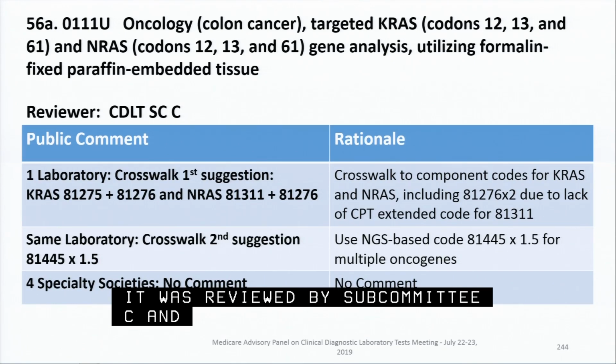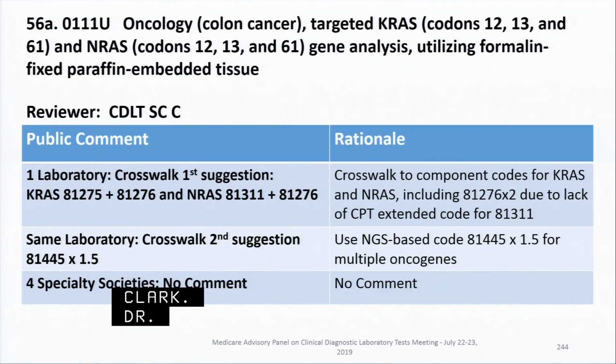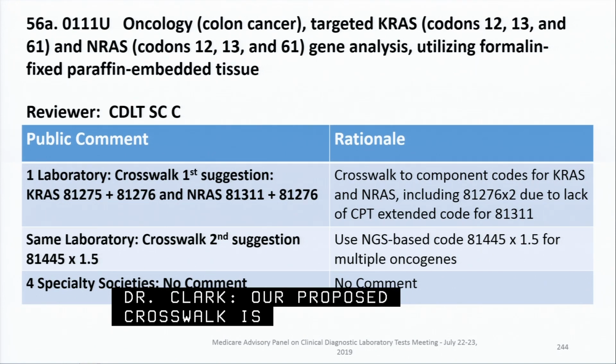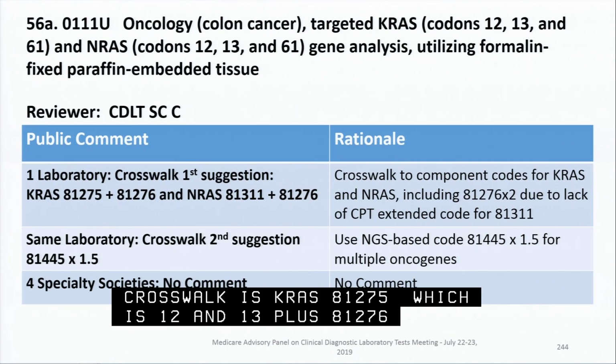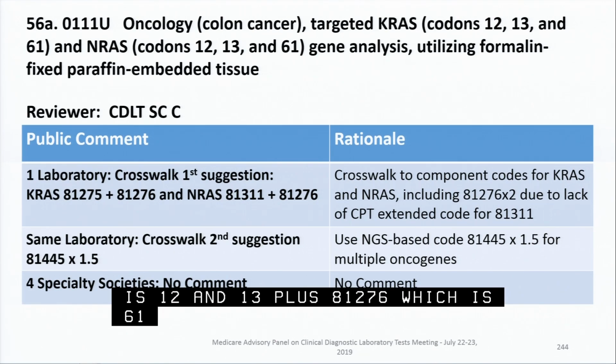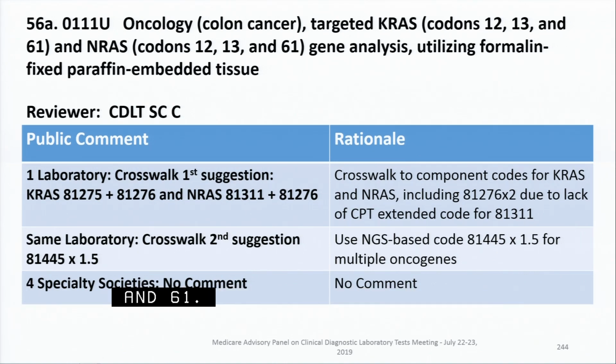So our proposed crosswalk is the KRAS 81275 plus, which is codons 12 and 13, plus 81276, which is codon 61, and NRAS 81311, which has codons 12, 13, and 61, plus 81276, yes. The rationale being crosswalk has a similar method, amount of work, and code descriptors to 0111U.